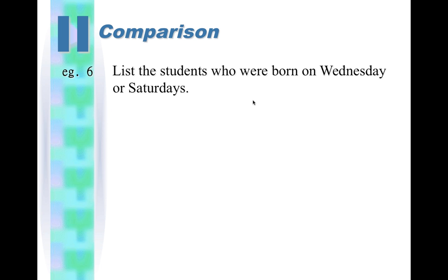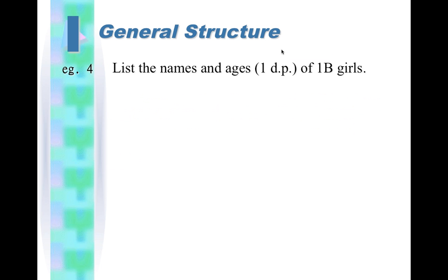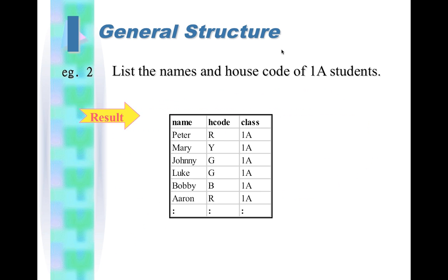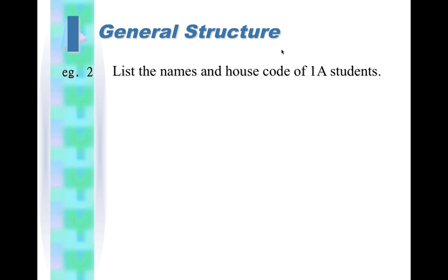If you want to know, list the students who were born on Wednesday or Saturdays, how will the query look if this is the schema? Like this is the schema for us.